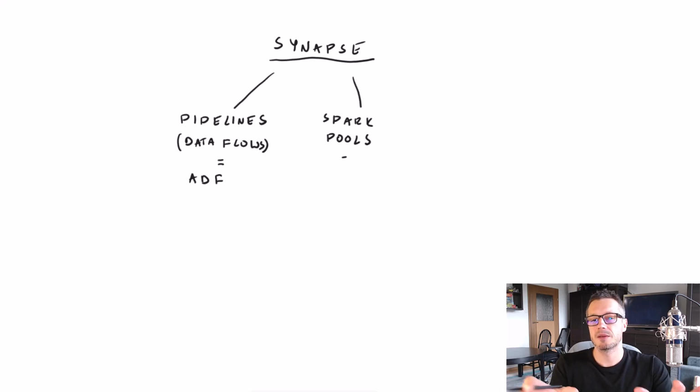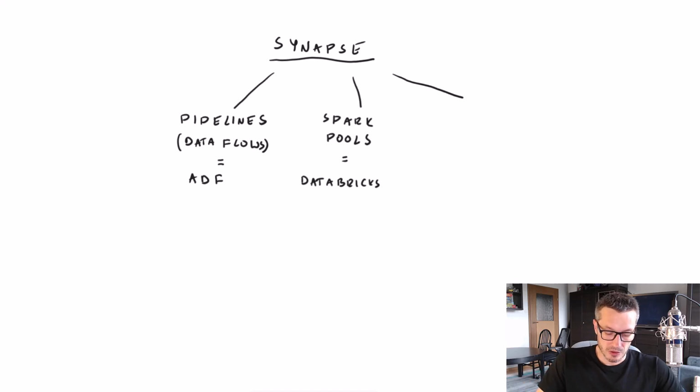And basically this component of Synapse is something similar to Databricks, at least to Databricks clusters, because Databricks is something way more than just notebooks. All right. So that was used for transformation purposes.